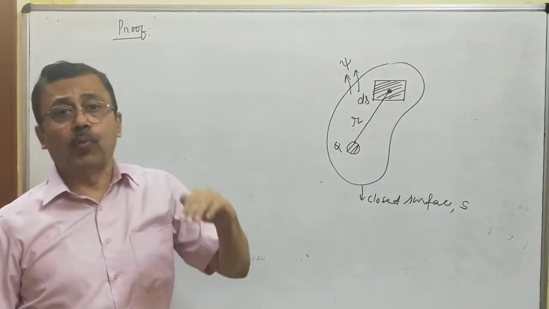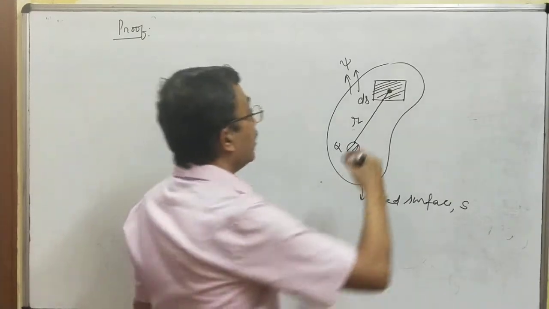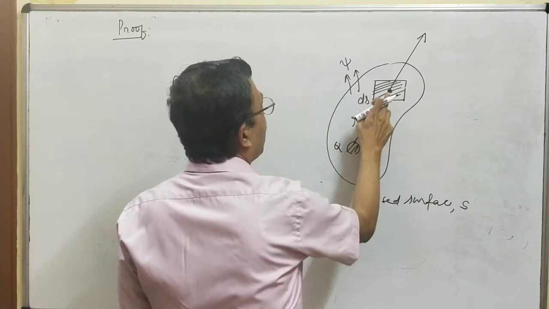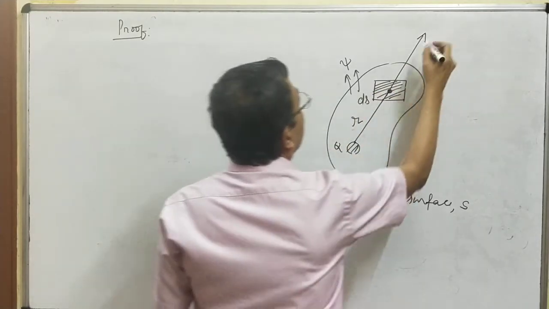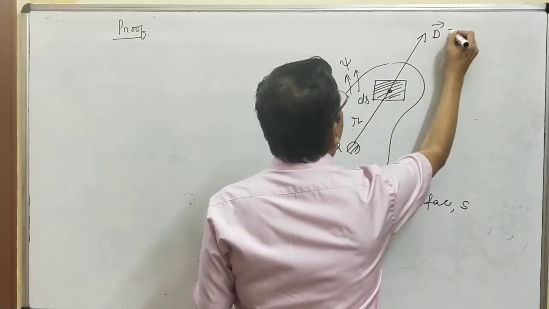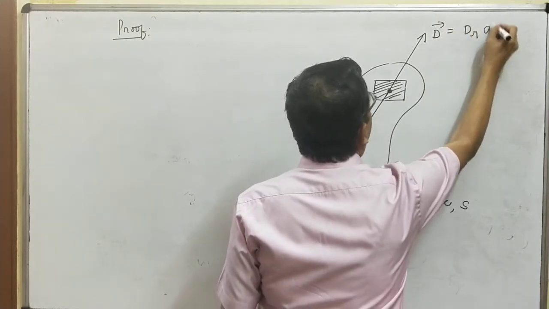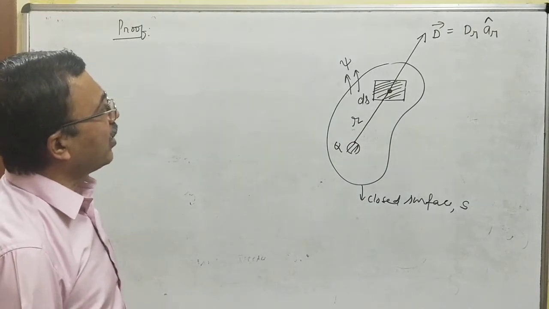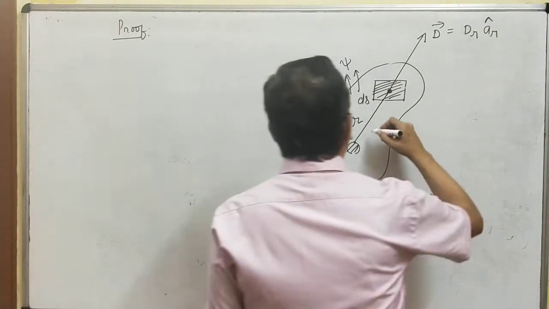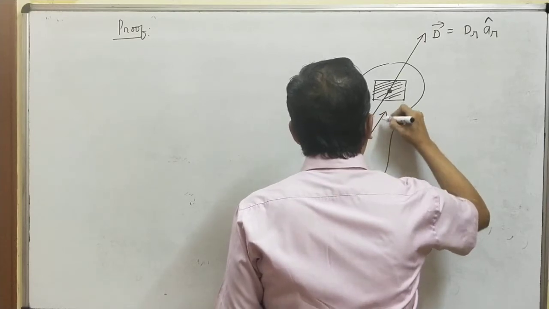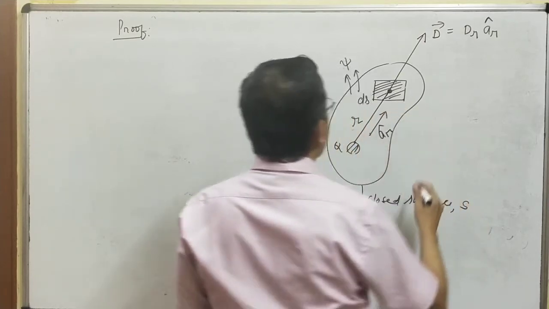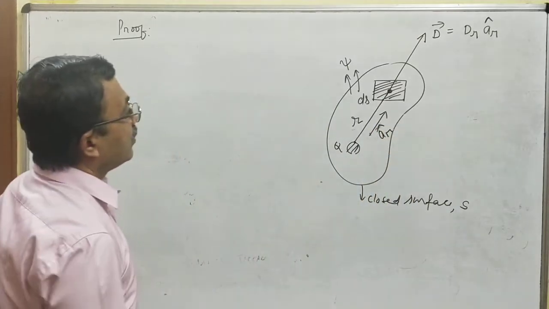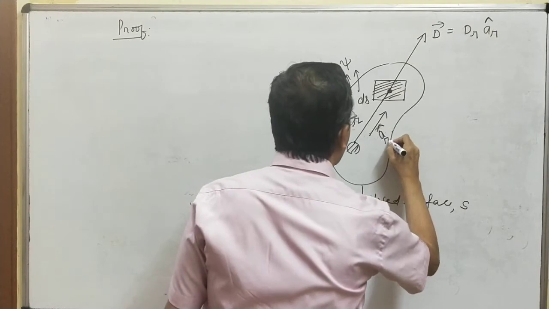That gives the direction of both vector D and vector E. This is vector D. It acts along the line connecting the charge Q and the midpoint of the elemental area. Vector D is Dr into AR cap. AR cap is a unit vector in the direction of R.